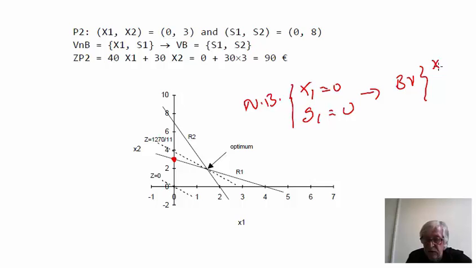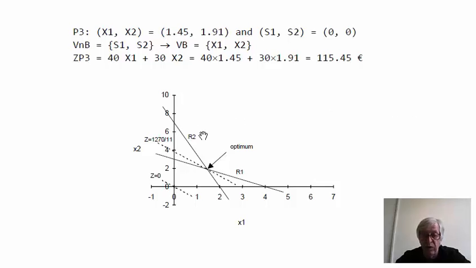So I will get x2, which we know from previous calculation is 3, and we will get the value of s2. Because we are far from this restriction, s2 is greater than 0, and if we use the system of equations, we obtain the value 8. We can also evaluate the value of z at this point because we know the coordinates of the decision variables, and we get, in this case, 90 euros per day.